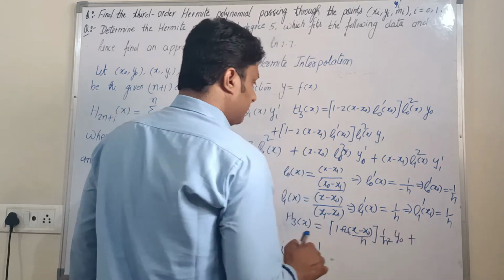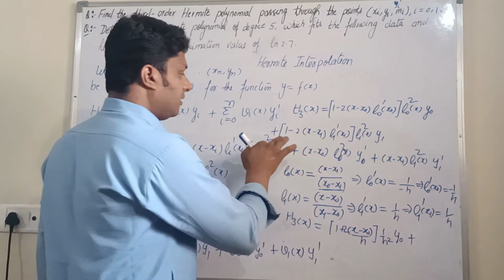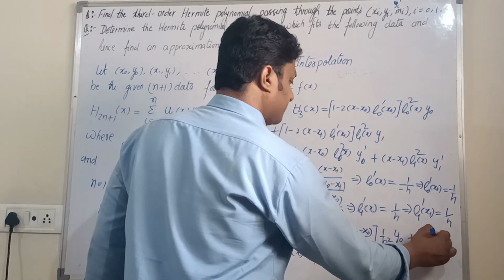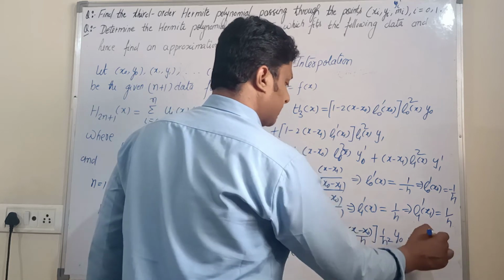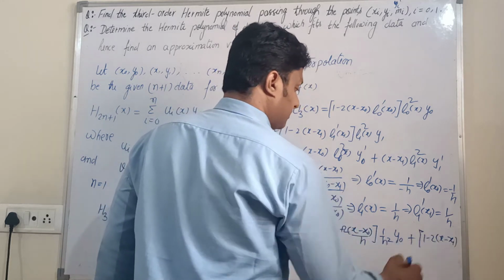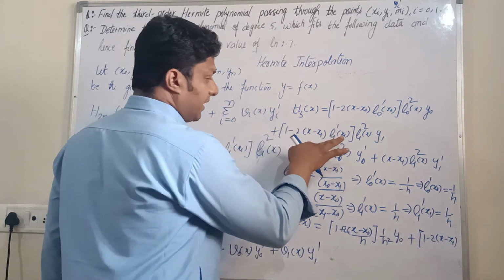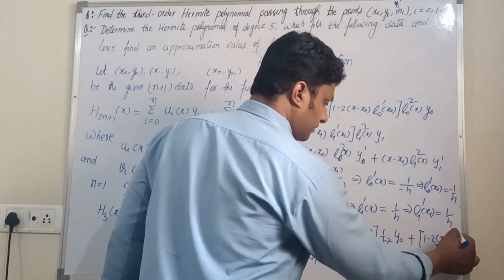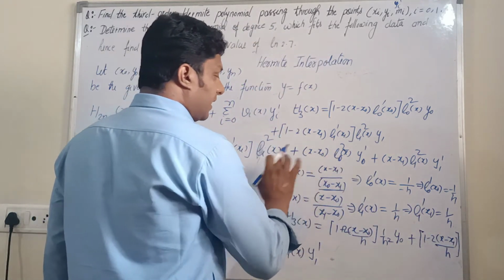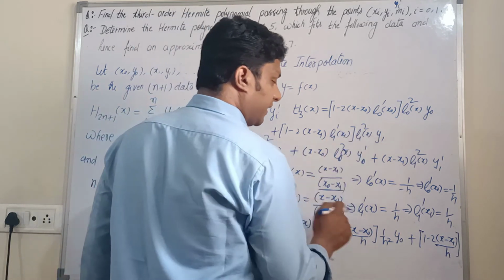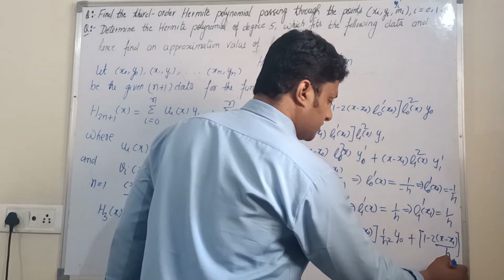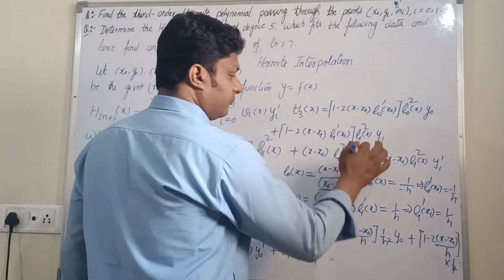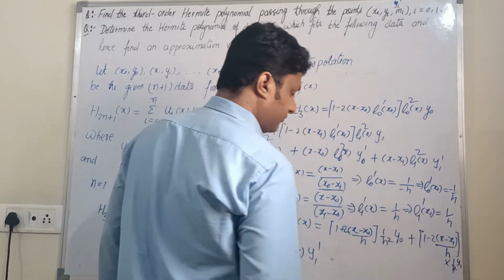Then what about this? 1 minus 2 times (x minus x1), l1'(x1) is nothing but 1 by h, and l1(x) square will be 1 by h square, multiplied by y1.